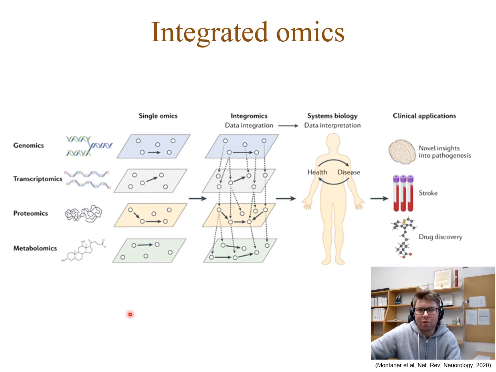And the conceptual idea is that the integrated analysis of these different omics dimensions allows you to do a systems level analysis and interpretation of health and disease states. And this can allow you to discover new drugs and drug targets, and also provide insights into pathogenesis of diseases. But my lecture will mainly relate to proteomics.